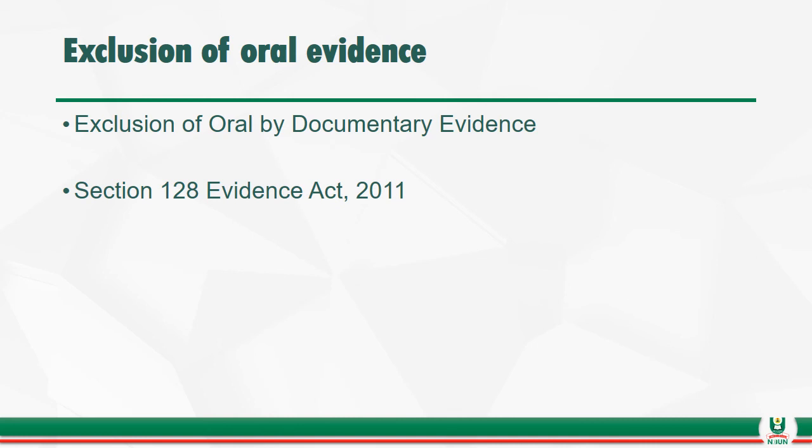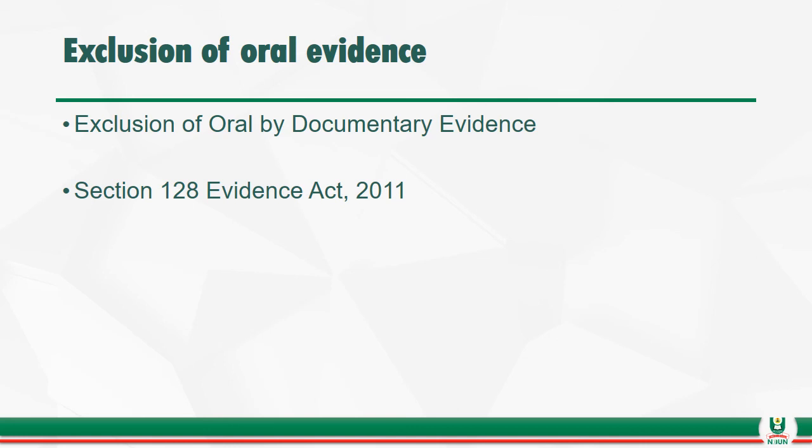So it simply means that where a document has been made in respect of a particular issue, whether contract or judgment of the court or any treatise, then it is only the contents of that document that can be used and oral evidence is excluded. But there are exceptions. Those exceptions are when there's fraud, intimidation, illegality, existence of a separate contract or oral contract.